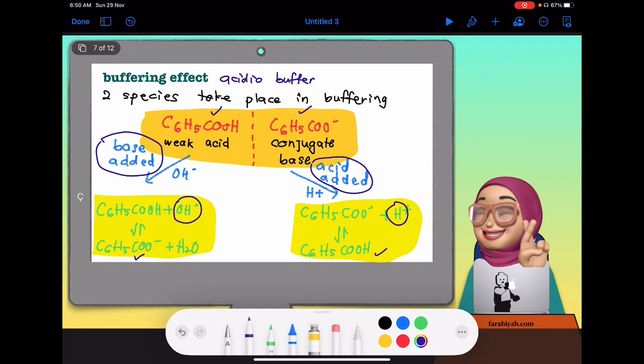Generally, what happens in the buffering effect when you add base or when you add acid, the concentration of the base or acid added will reduce because it is completely used during the buffering effect.